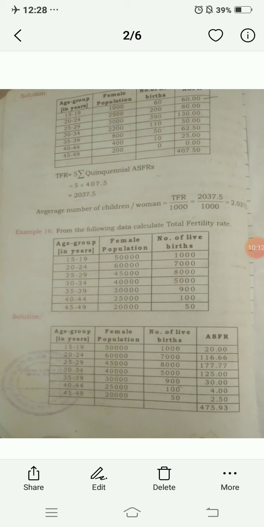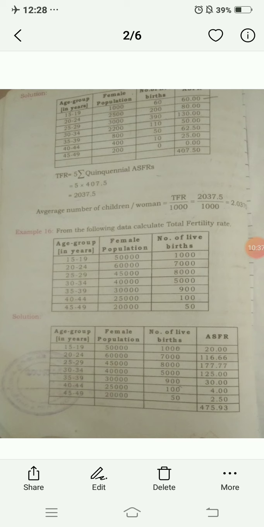For example, for 15 to 19, the live births is 1000, divided by the female population of 50,000.